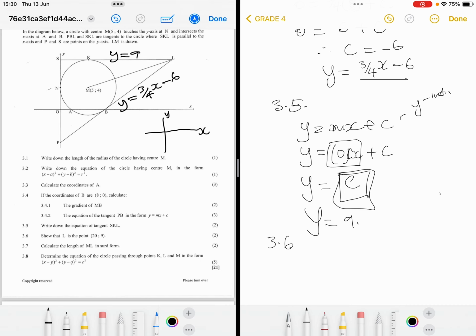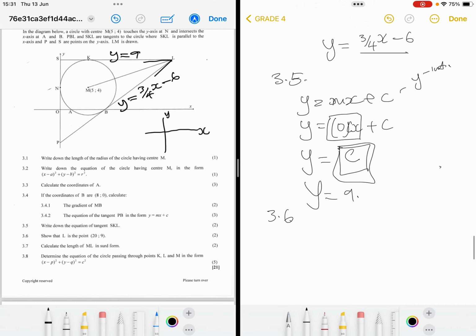So they share a point. I mean L is on this tangent and also this tangent. So we can just equate, because this is a point of intersection. So it means 3 over 4 x minus 6 is equal to 9.